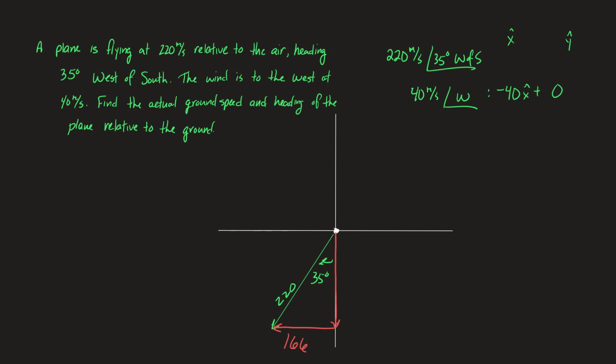This is going to be 220 cosine 35. That's 180 for sure. And my other one is going to be 220 sine 35. That's, I stand corrected, 126. Thank you. I think I jumped ahead to where I added my 40 in my head.